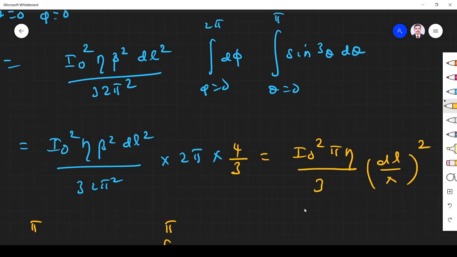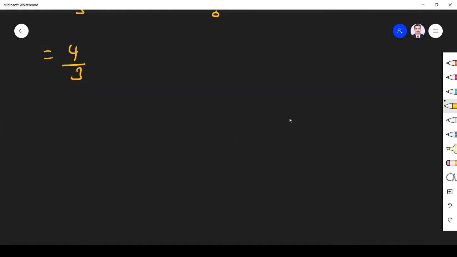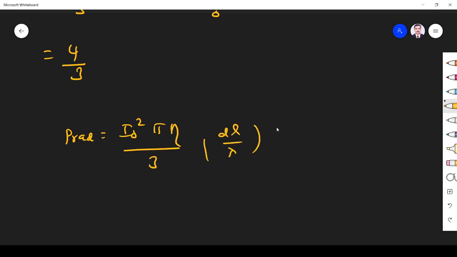This is what P radiated is. I write it again, otherwise it is very confusing: P radiated is equal to I naught squared pi eta by 3 into dl by lambda whole square.